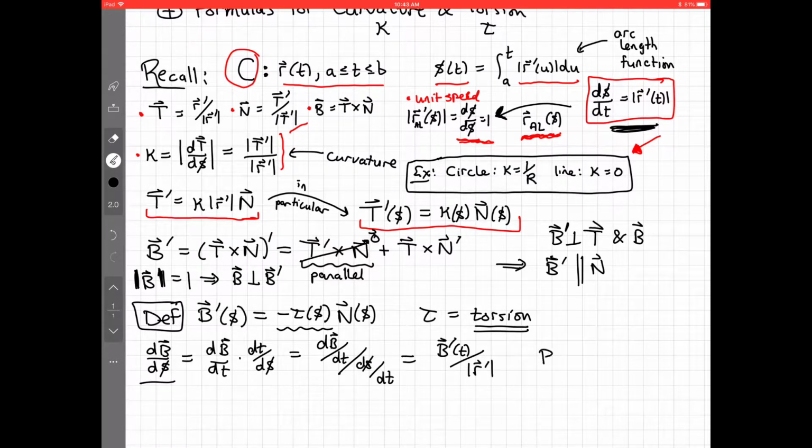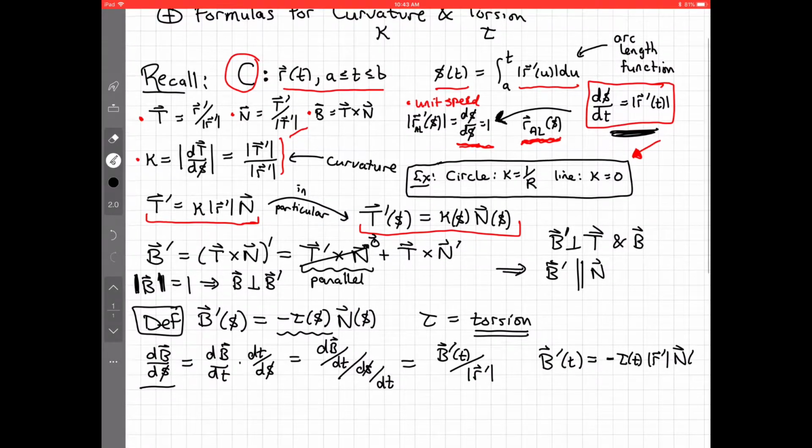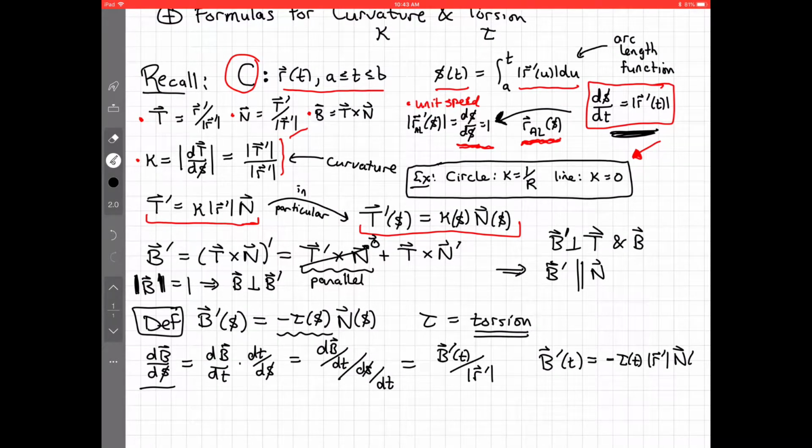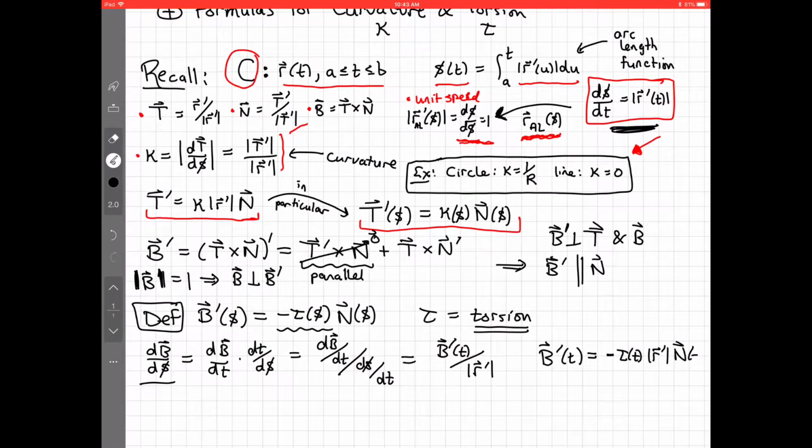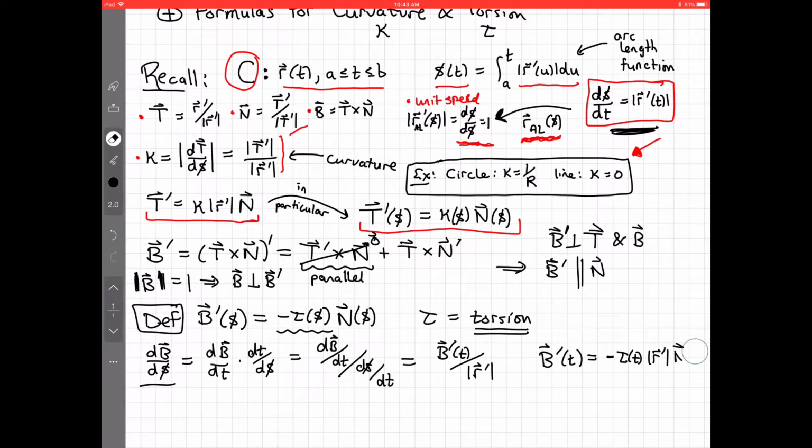Putting that together, we end up with b prime of t equals negative torsion times the length of r prime times n. And so there's a formula for torsion that does not refer to the arc length parameterization.